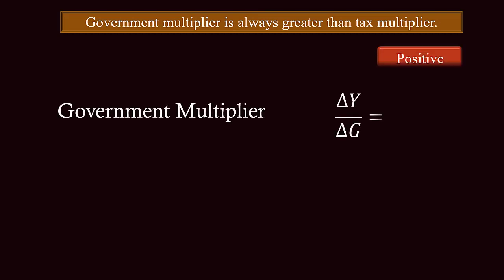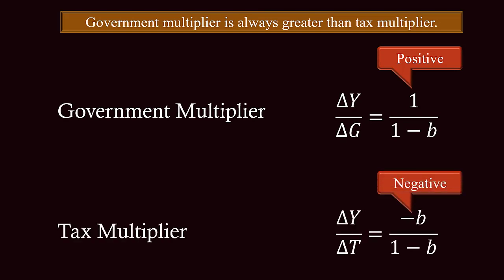In absolute terms, government multiplier is always greater than the tax multiplier by 1. You know, government multiplier is positive, tax multiplier is negative. Naturally, government multiplier is greater than tax multiplier.